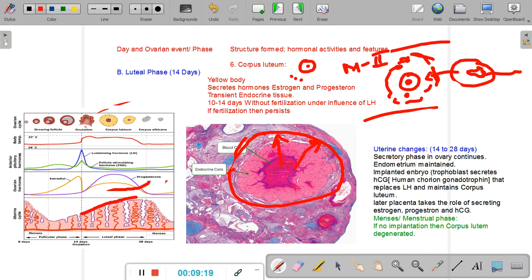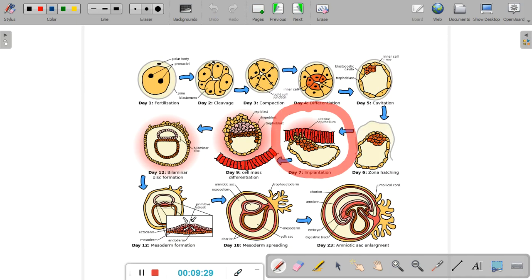The nucleus of this egg and the nucleus of the sperm fuse together and form the zygote.